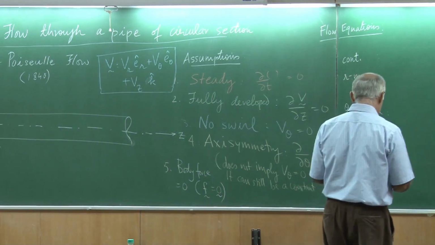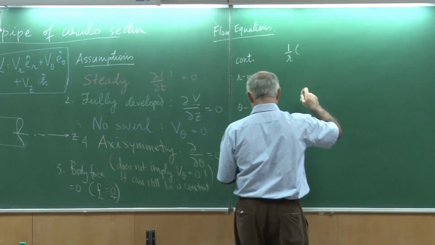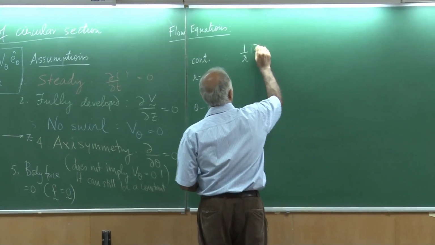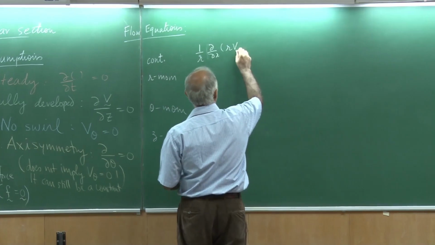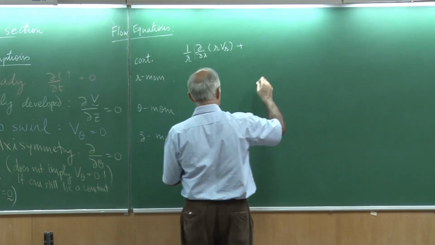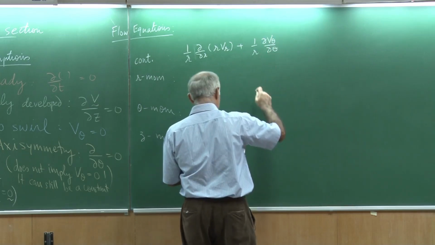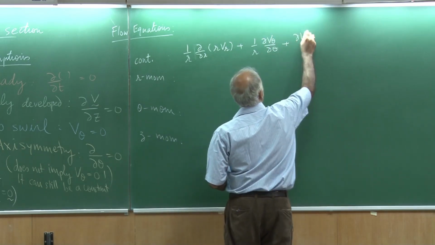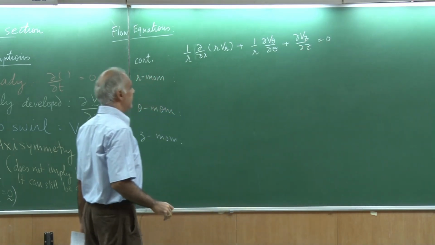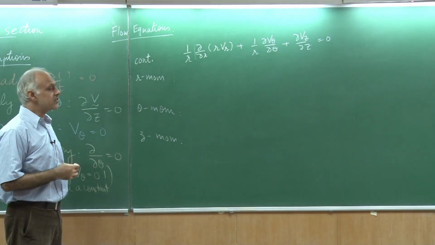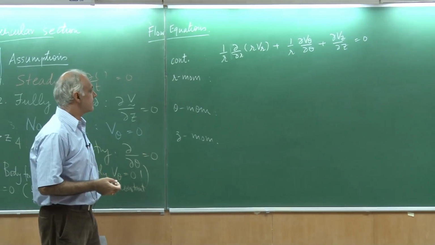So the continuity equation is going to be 1 by r del by del r of r Vr plus 1 by r del v theta by del theta plus del Vz by del z equal to 0. Okay. So this is essentially the divergence of the velocity field equal to 0, but written in cylindrical coordinates.